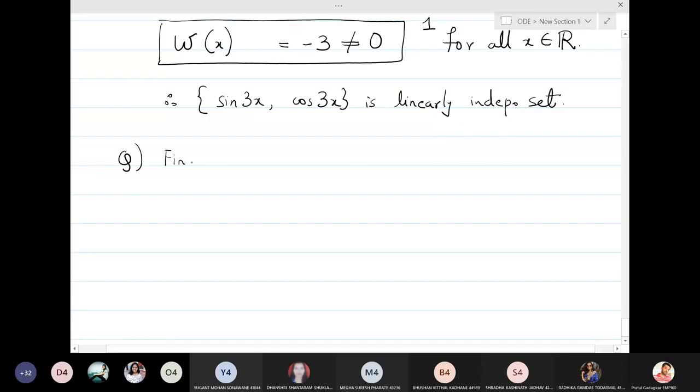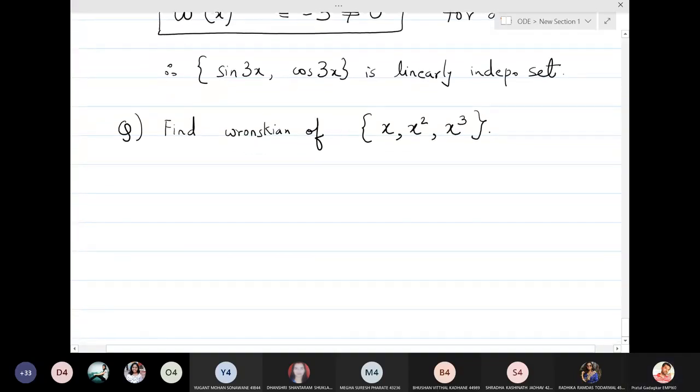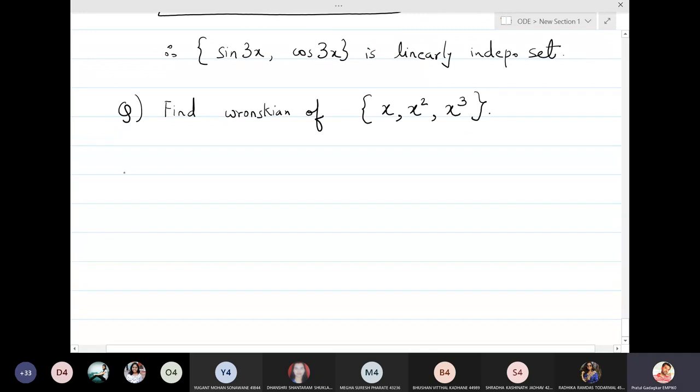Find the Wronskian of the set x, x square and x cube. Solution: this is your function f1, f2 and f3.